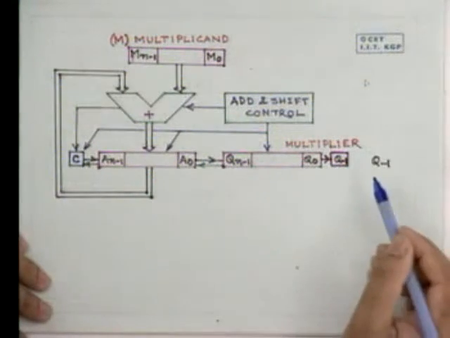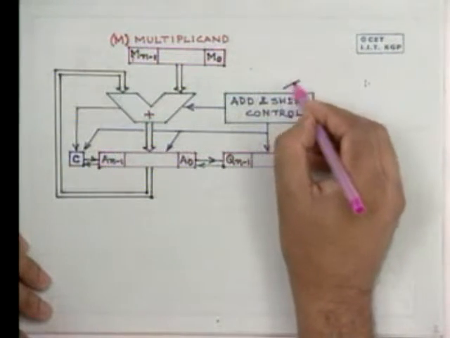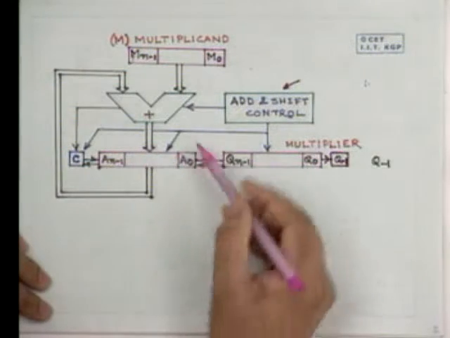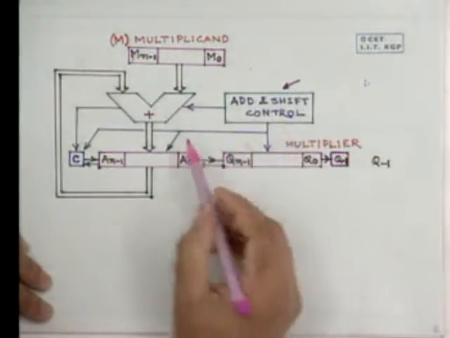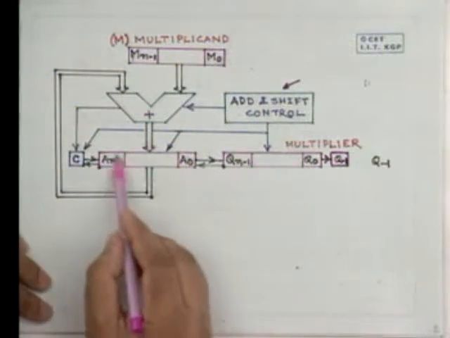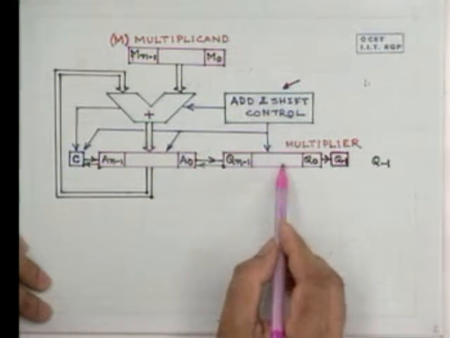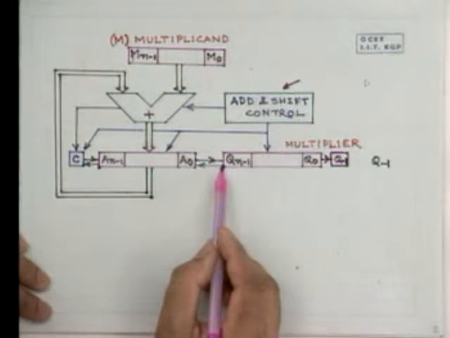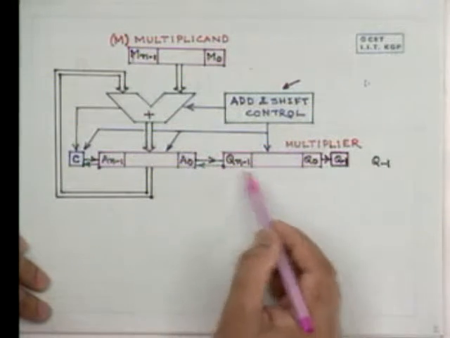We have here an adder and shift control unit, which decides when the add operation will be done, and also decides whether the content of this A register and this Q register will be shifted towards the right, or, as shown in green color, whether shifted to the left or not.